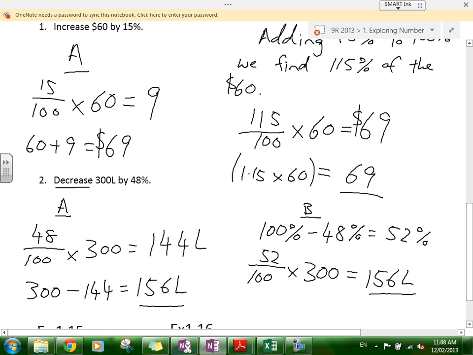Just choose whichever method you prefer. To be honest, instinctively I go for the first one, just because of the way I think, maybe the way I learned it.